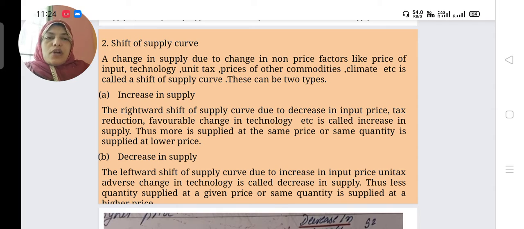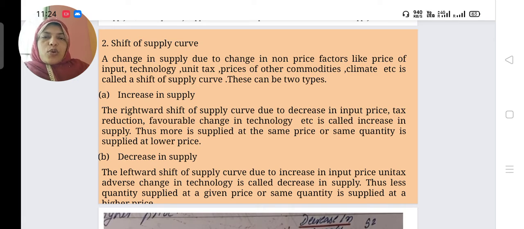The rightward shift of supply curve due to decrease in input price, tax reduction, favorable change in technology, etc. is called increase in supply.